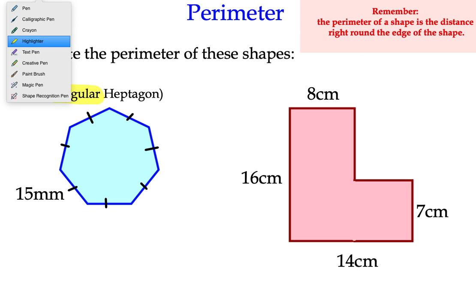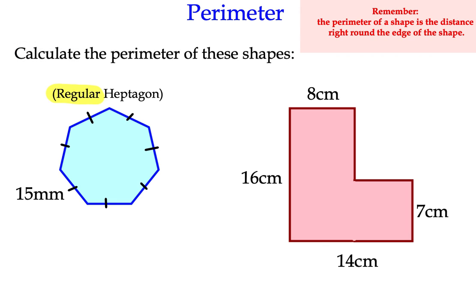So what I can do is I can go ahead and write in all of these 15, 15, 15. Reminds me, how many 15s have I got altogether? 1, 2, 3, 4, 5, 6, 7, because it's a seven-sided shape. So what's the perimeter?